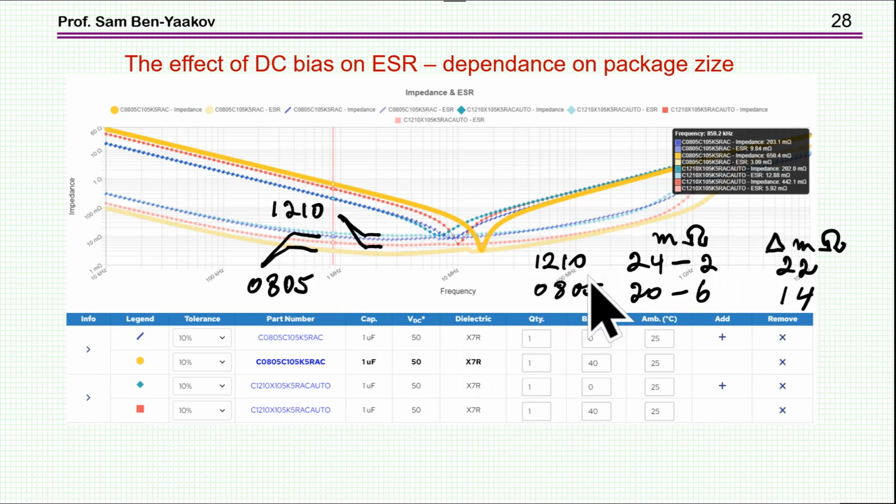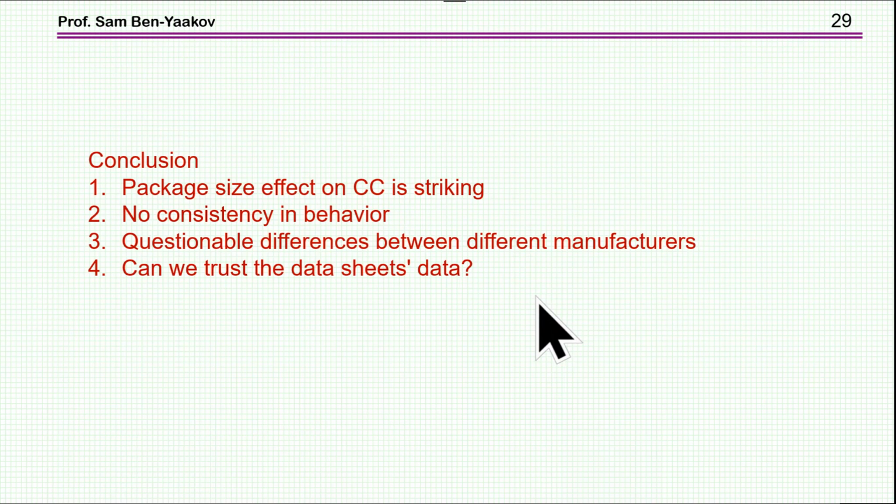That is, for 1210, under the same condition, of course, we see a change of 22 milliohm, while for the 1805, we see only a change of 14 milliohm. So it is reasonable that the package size will also affect the change in the ESR, but again, we don't know if we can rely on the PCIM simulator in this case.